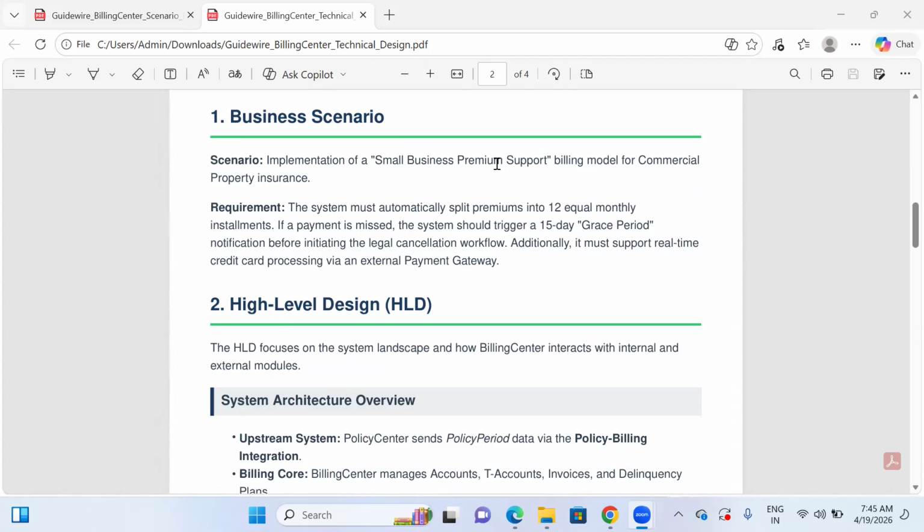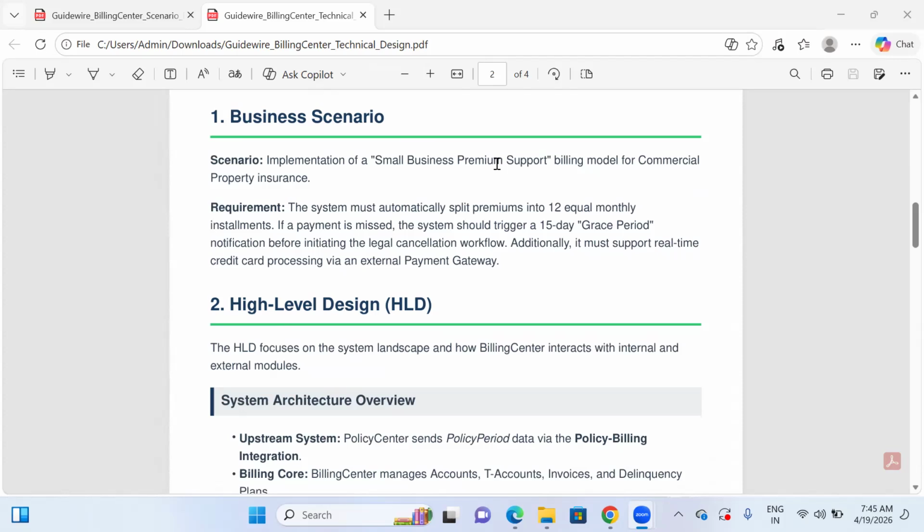At the same time, the system should also support real-time credit card processing through any external payment gateway, right? So this is what the requirement is. When we are learning Guidewire Billing Center as an individual, we need to understand the real-time scenarios. What are the different real-time scenarios and how can they be addressed?